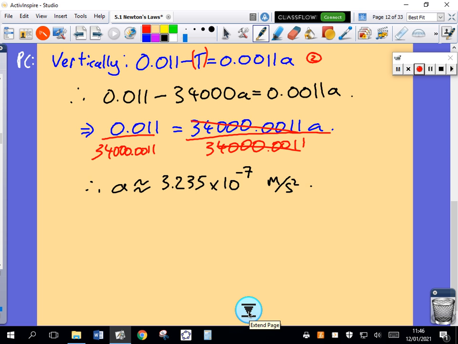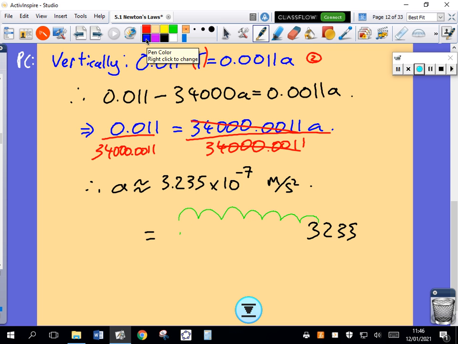So what does that mean, 10 to the power of -7? Well, that means if I took that decimal place and moved it 7 places to the left, 3235, I'm going to take the decimal and move it 1, 2, 3, 4, 5, 6, 7 units to there.